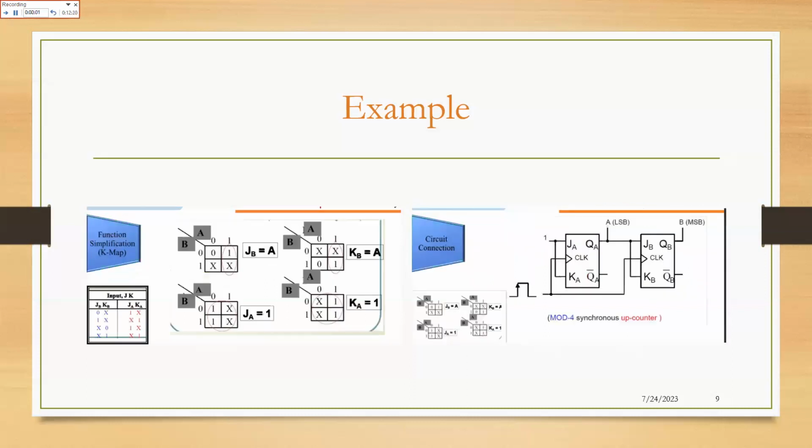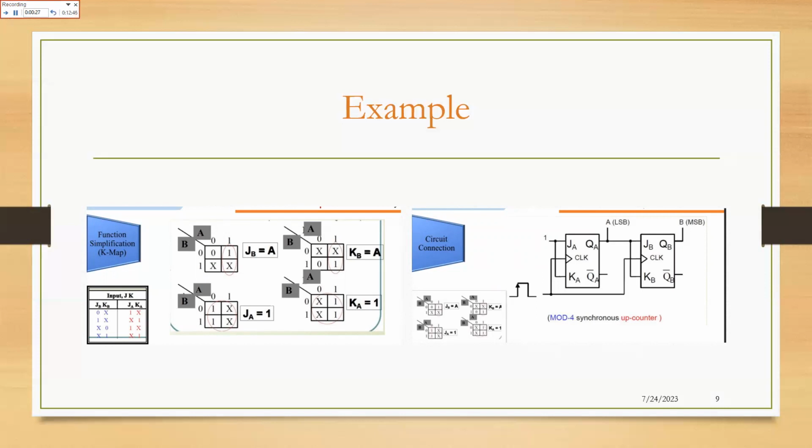Then, as I mentioned before, we have to simplify using the Karnaugh map procedure. After putting the positions of those values in the K-map, we get JB equal to A, KB equal to A, JA equal to 1, and KA equal to 1.